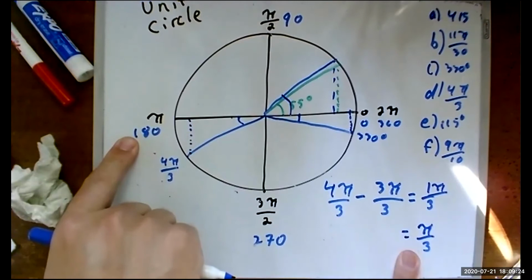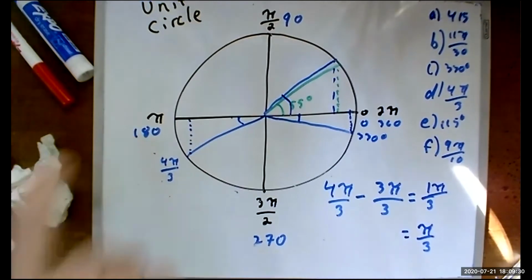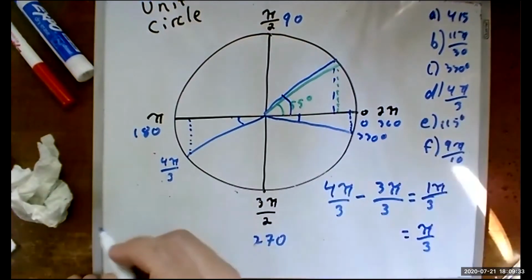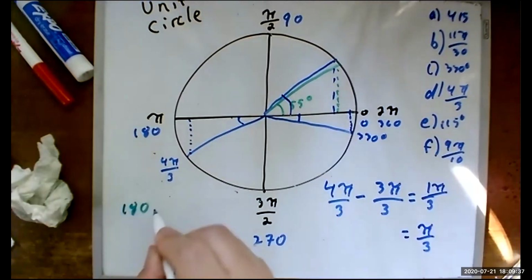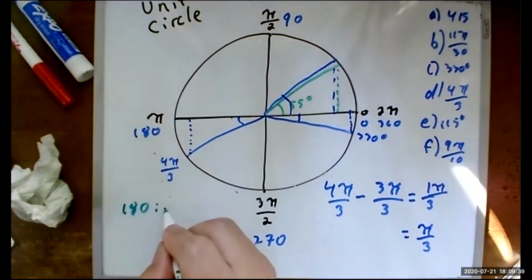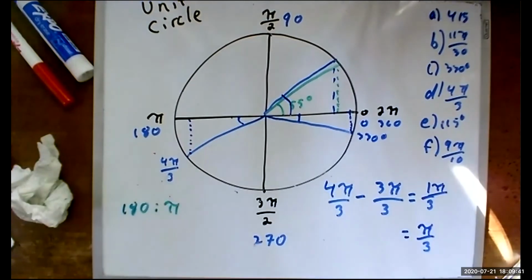Pi over 3, looking at this really, really quickly, if I take pi and I divide it by 3, I could also make that the same as saying if I have 180 degrees divided by 3. Okay? Remembering that our ratio that was set up earlier when we convert between radians and degrees is 180 matches with pi.